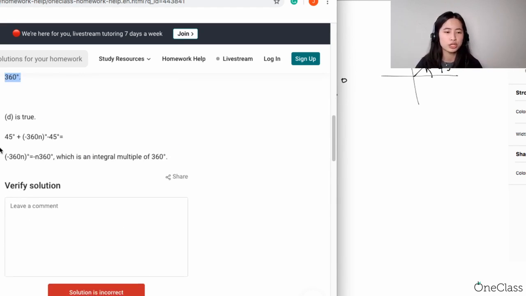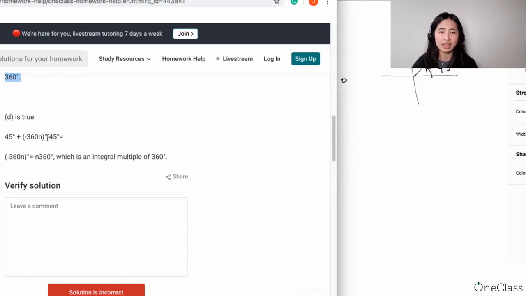Now let's move on to part D. As you notice, they took 45 degrees plus negative 360n degrees. Let's say you keep n being 1, the same thing as what we did earlier. You're supposed to add the two first, so this would be 45 minus 360 times 1, remember, because n is 1. So this is actually negative 315.